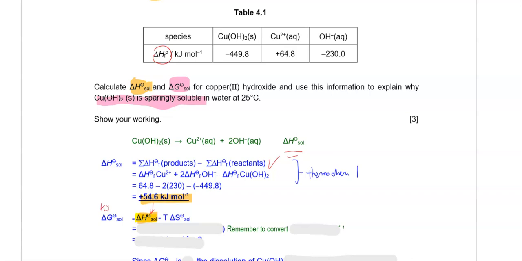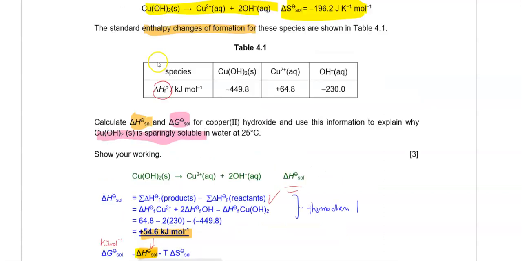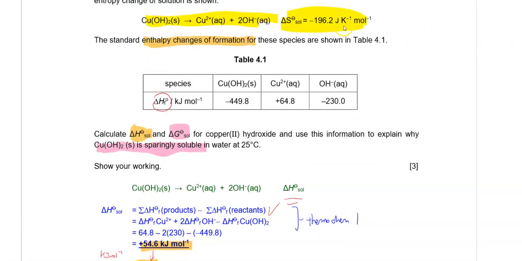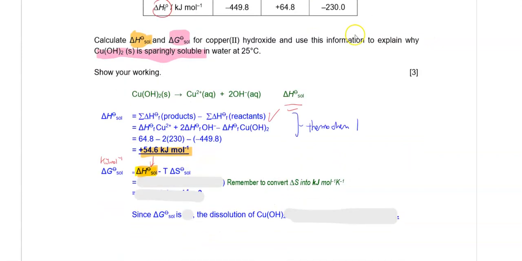Since delta G is in kJ per mole, reminder to convert your delta S into kJ per mole per Kelvin. So this negative 196.2 J per Kelvin per mole, you can see me dividing by 1000 here in order to convert into kJ per mole per Kelvin. Alright, sub in the values. Temperature in this case will be 298 Kelvin because of the 25 degrees Celsius.